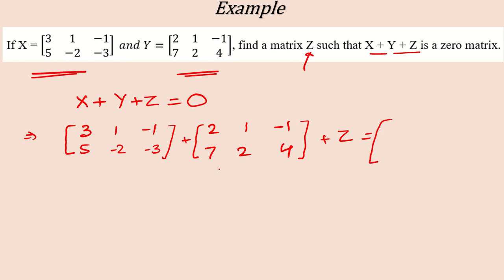Its order will be the same as these matrices, so its order is 2 by 3. So the null matrix is also of order 2 by 3: 0, 0, 0, 0, 0, 0.